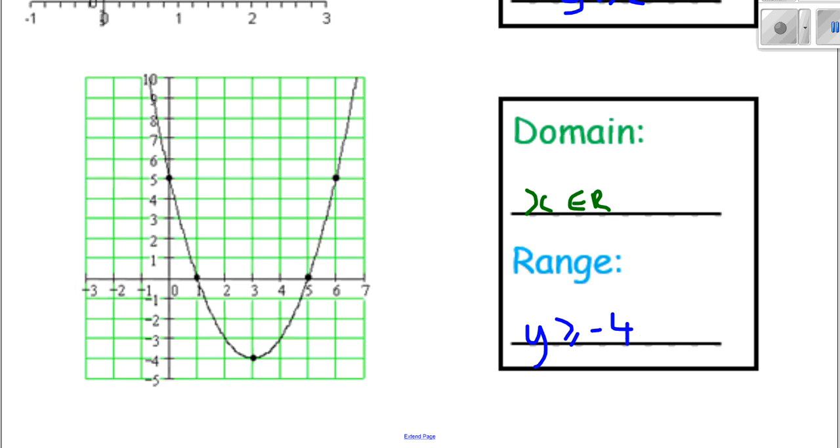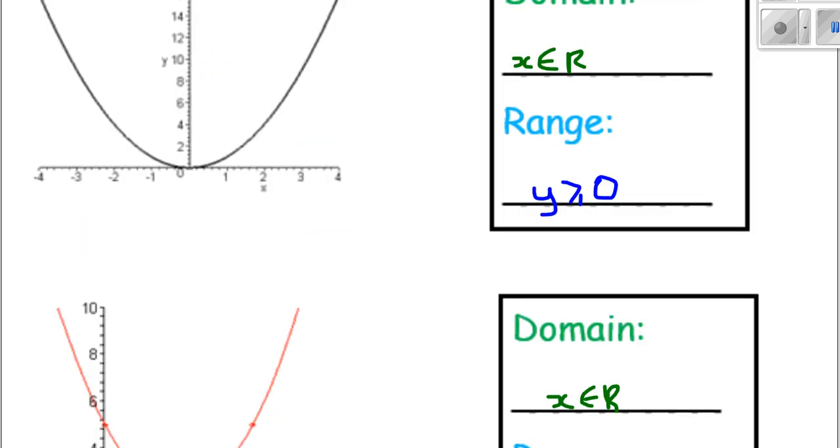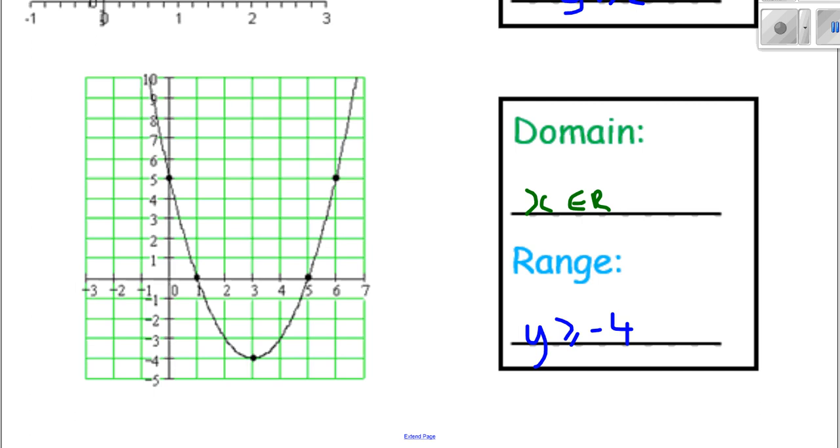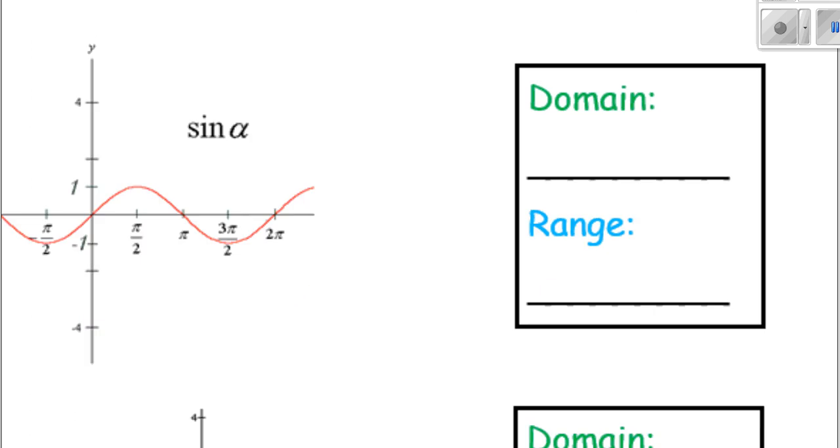A little trigonometric one, feel free to write that one down. It's going on infinitely horizontally, so x ∈ ℝ, but the y values are only between 2 points. So y values from -1 to +1, and it does include those points. So y values between -1 and +1 for this trigonometric graph.